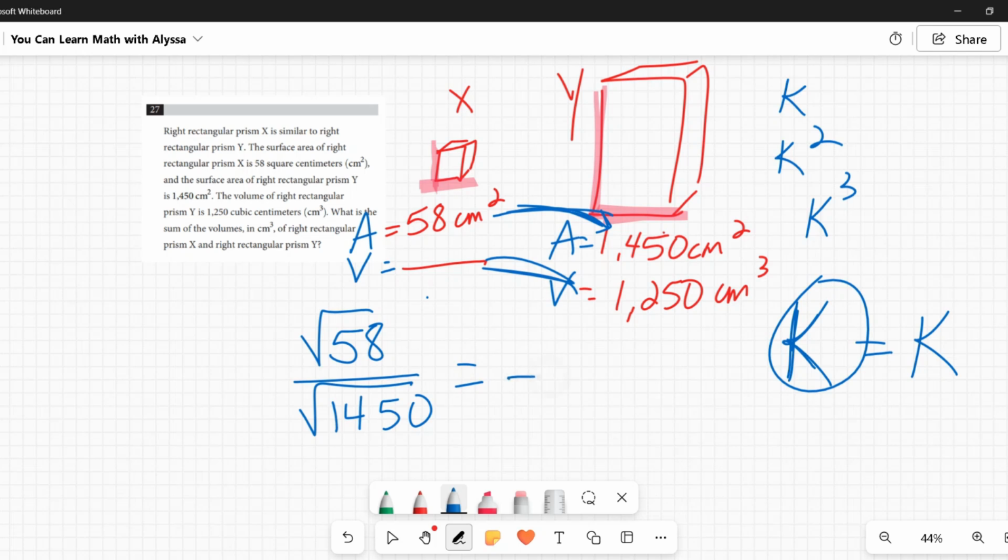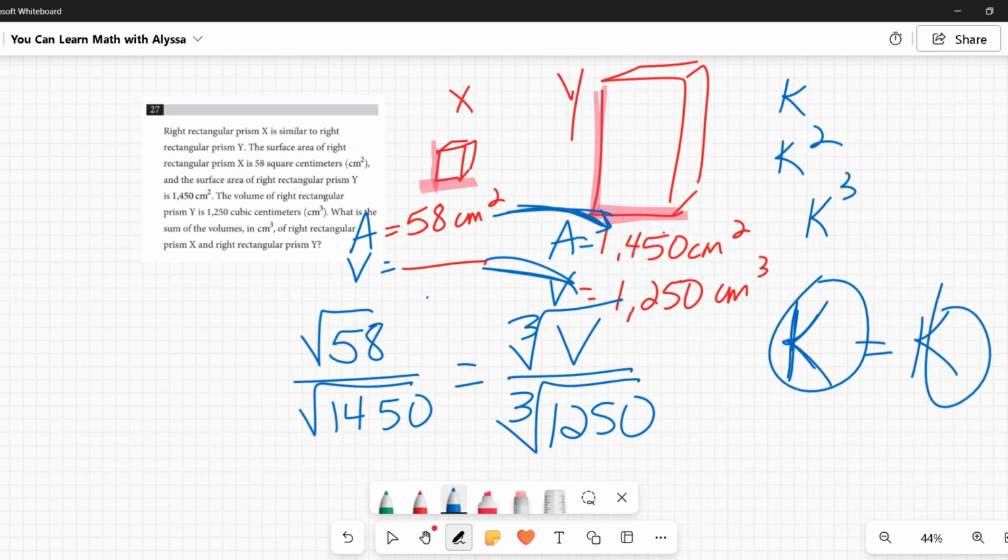On the volume, the cube root of the 1,250 and the cube root of the volume of X, which is what I'm trying to find because I need to be able to add these two volumes together. The cube root of that volume is going to get me back to the same K because the K was cubed. So to go backwards, I cube root both sides.